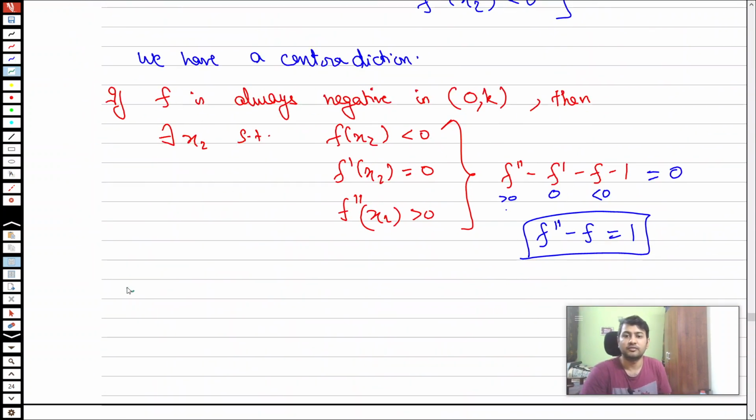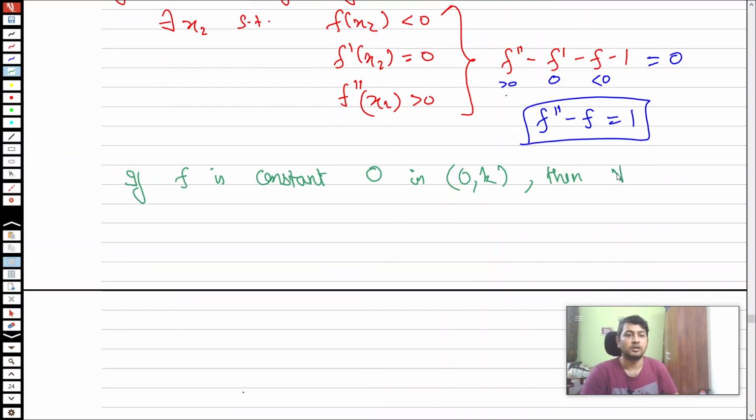If f is constant 0 in (0, k), then for all x3 belonging to (0, k), you would have f equals 0, f prime equals 0, f double prime also 0.